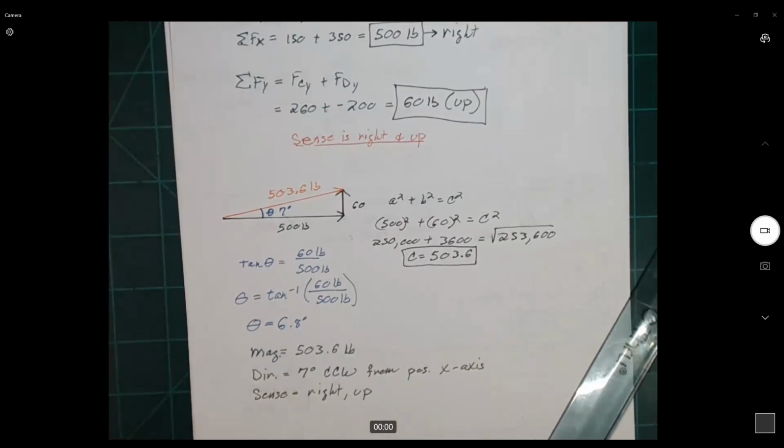Okay, so that's how we find the resultant force of our force vector.